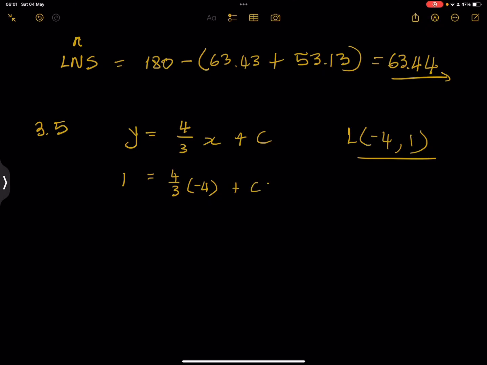Okay, so let's find the c value. So we've got 4/3 times -4, which should give me -16/3, right, plus c. Okay, if I take that to the other side, our c value would be equal to 1 plus 16/3. Okay, so that gives us 19/3 if I'm not incorrect there.